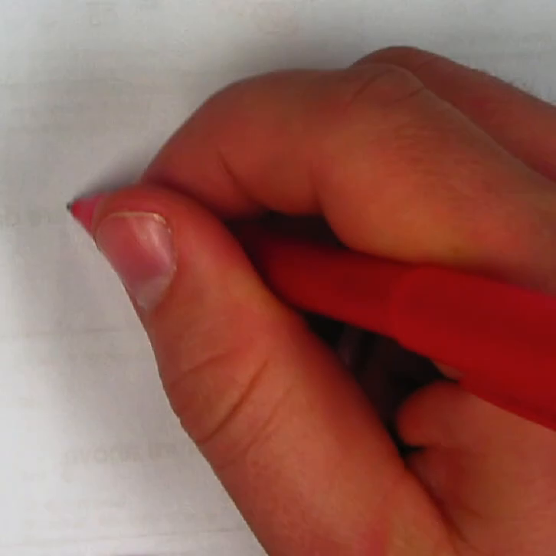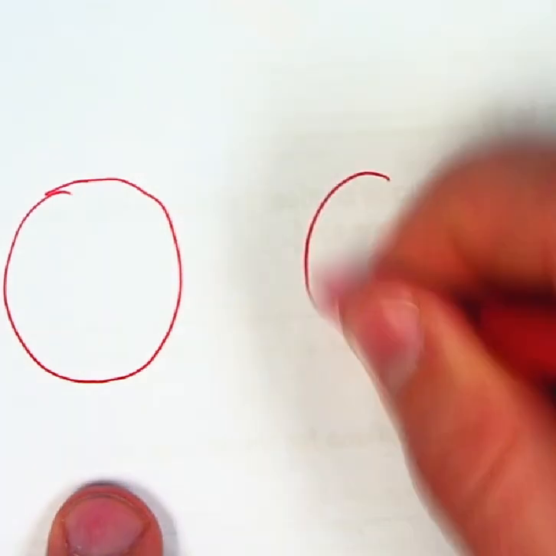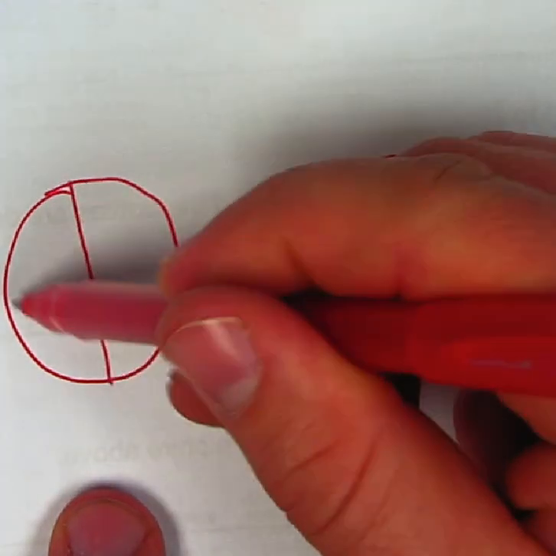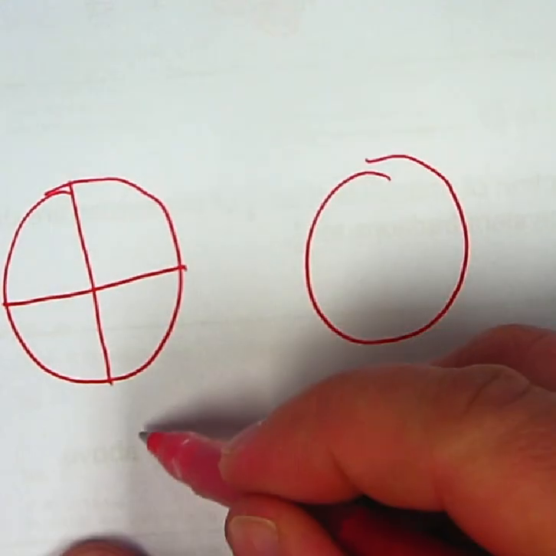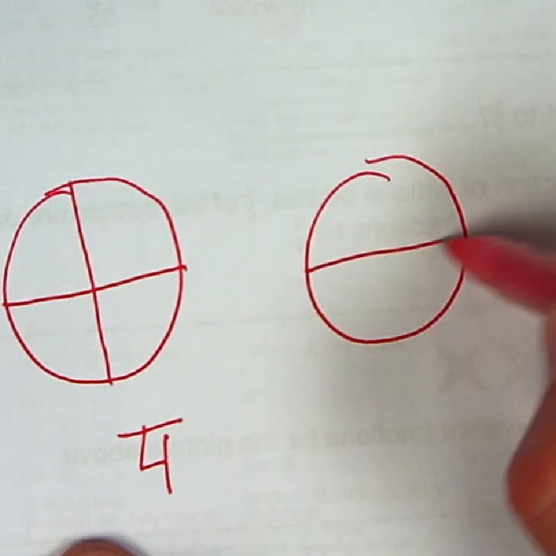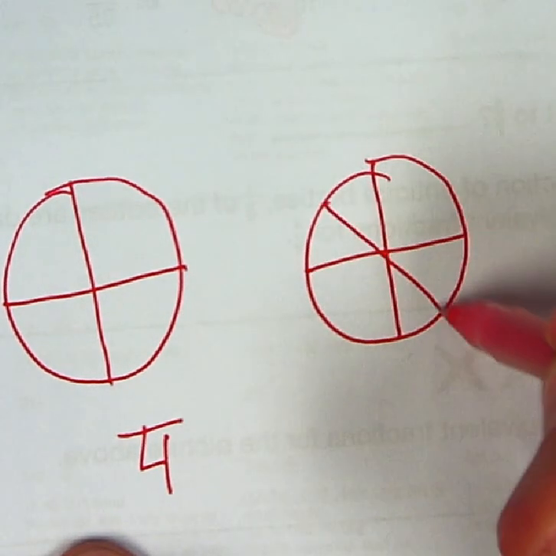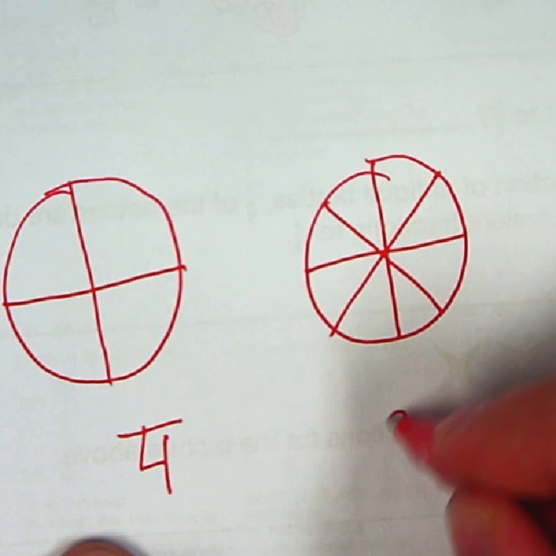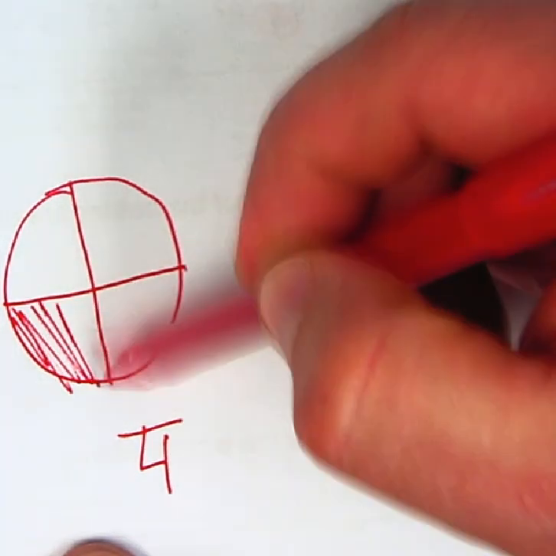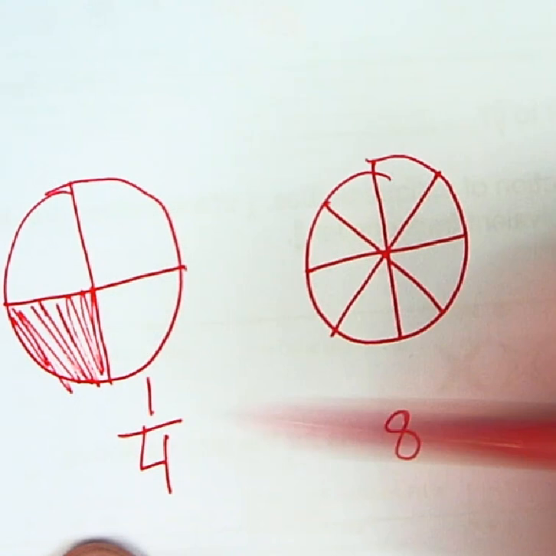Okay. So just to review, an equivalent fraction means that those fractions would be the same. If I take these 2 pieces of pizza and I divide one into 4 pieces so that my denominator, Jordan, is 4, and I take the other one and divide it into 8 pieces so my denominator is 8, and on the first pizza, I color in 1 of those pieces, so 1/4.